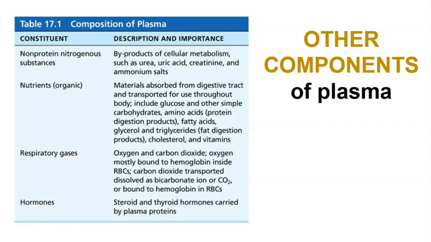We will also see that the blood carries gases like oxygen and carbon dioxide. Oxygen is primarily bound to a protein in red blood cells called hemoglobin, while carbon dioxide is typically converted into bicarbonate and then transported through the blood as bicarbonate. And finally, we see that the plasma also serves to carry hormones.